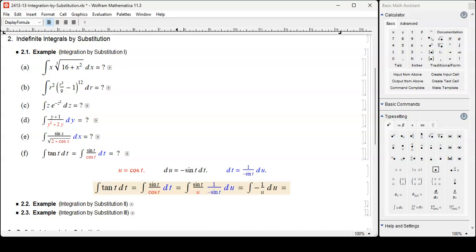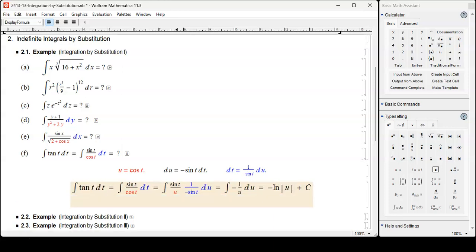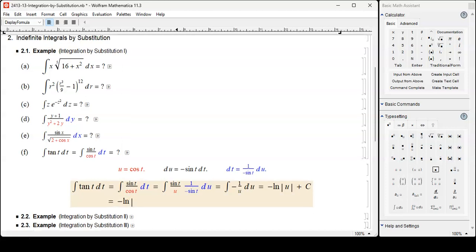So this entire thing is going to be negative log of u plus c. And consequently, you can rewrite it as negative log of cosine of t plus c. Final substitution, u is cosine of t. And that completes the problem.